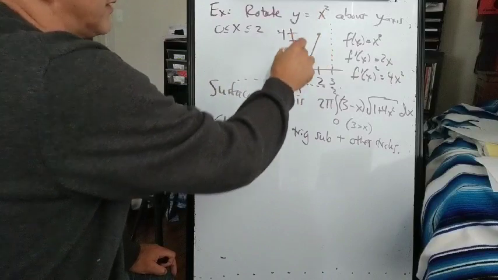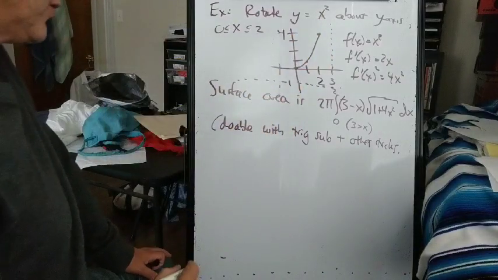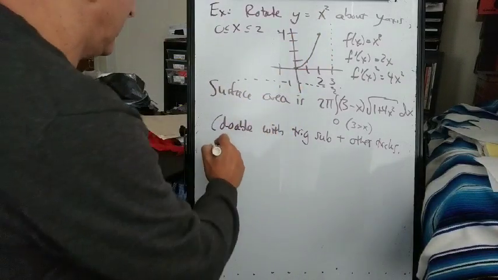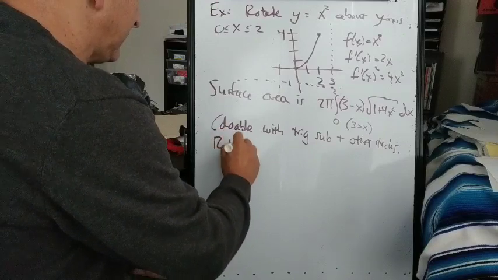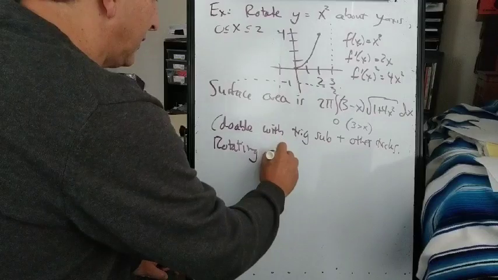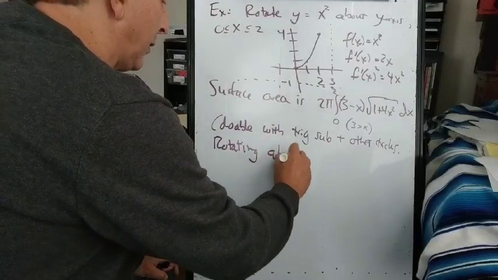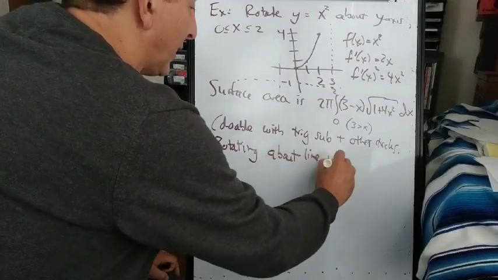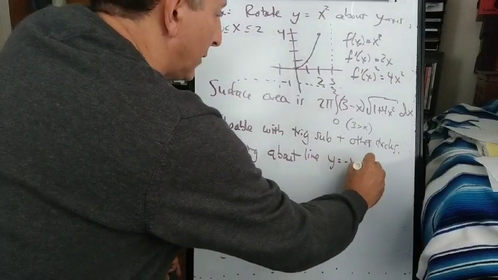So we'll take the same arc and rotate around the horizontal line y equals negative 1.